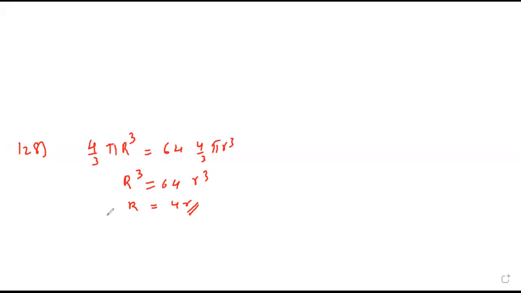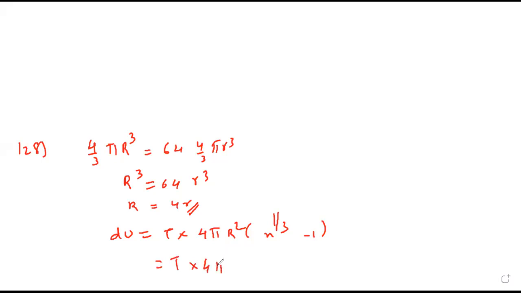Now we want the energy needed to break this. Change in energy is T into 4 pi capital R square into n raised to 1 by 3 minus 1.